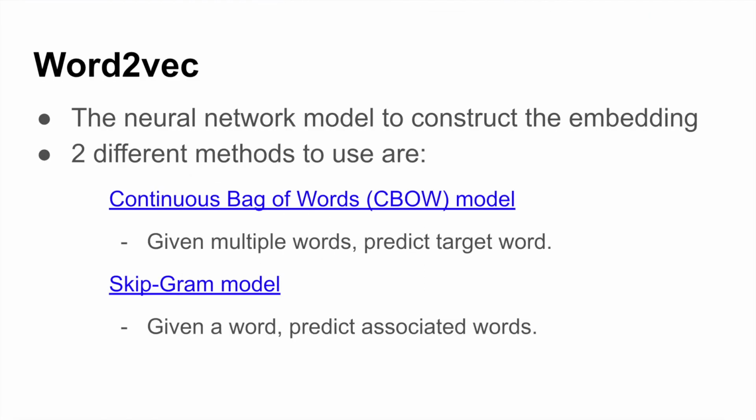So another thing that I think I should mention is Word2Vec, because this term usually comes together with word embeddings, and I think it can get quite confusing, like what's the difference here. So basically Word2Vec is actually the neural network model used to construct the word embeddings that we mentioned just now.